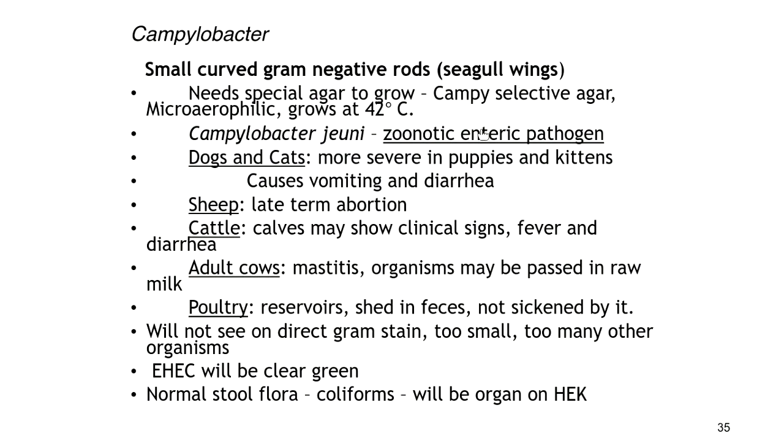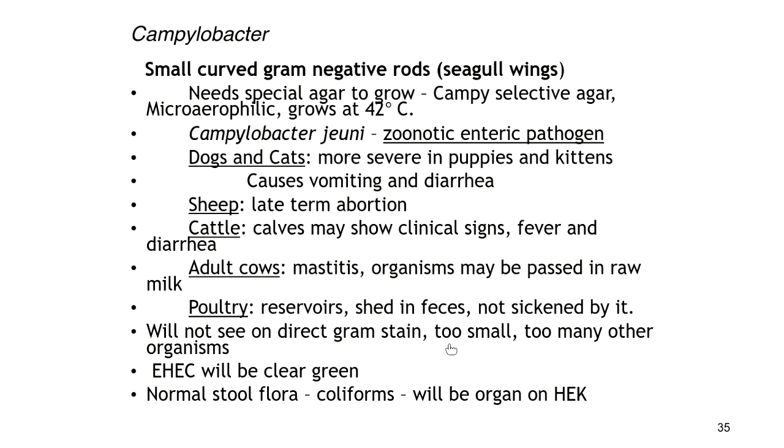It can be a zoonotic enteric pathogen. Dogs, cats, more severe in the puppies and kittens, can cause vomiting, diarrhea. In sheep, it can cause late-term abortion. Cattle, it can have fever and diarrhea. Adult cows, mastitis. Organisms can pass in the raw milk, and the poultry can shed it again in the feces.